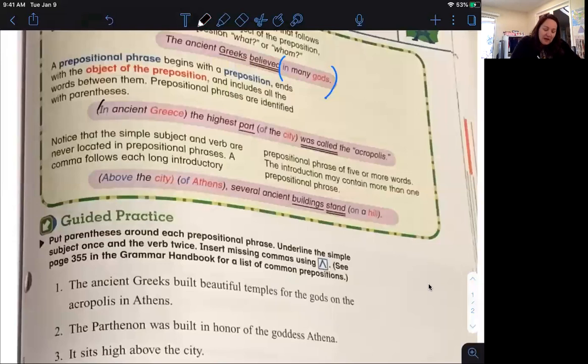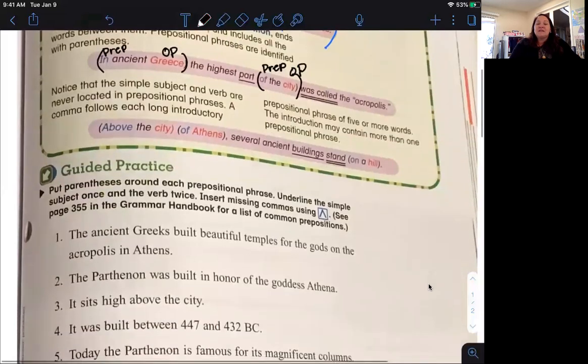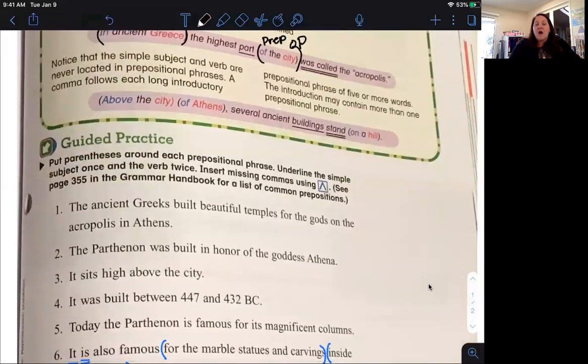So if we look here, we have in ancient Greece and of the city. Our prepositions are in and of, and our OPs are Greece and city. Let's move on. It says, notice that the simple subject and verb are never located in prepositional phrases, and I kind of hinted at that for you.